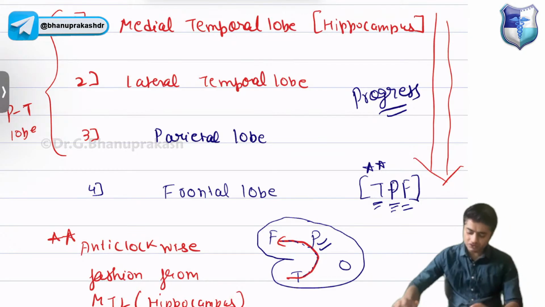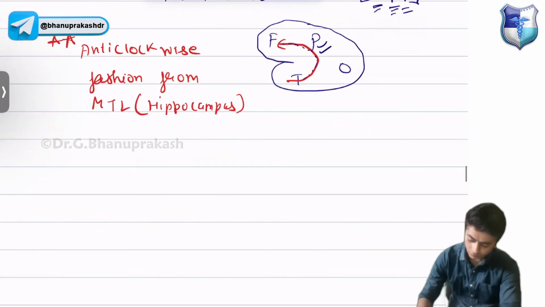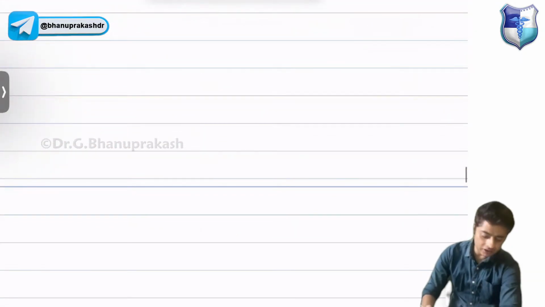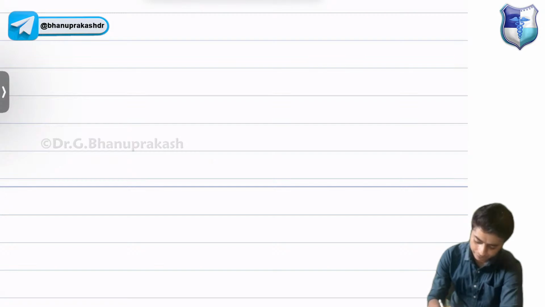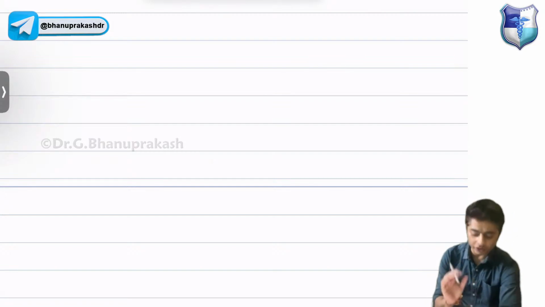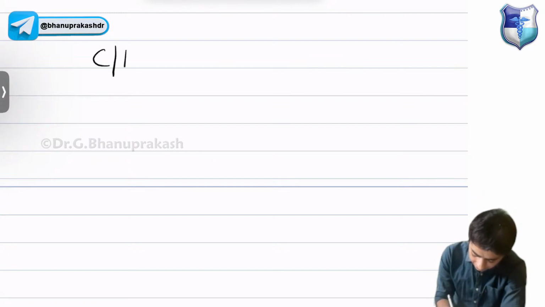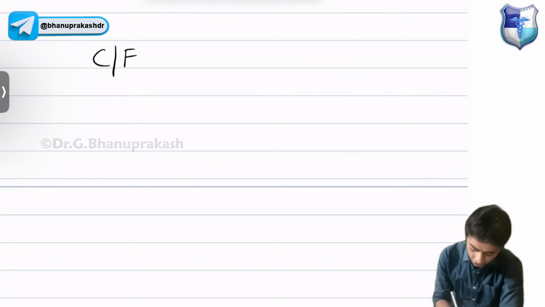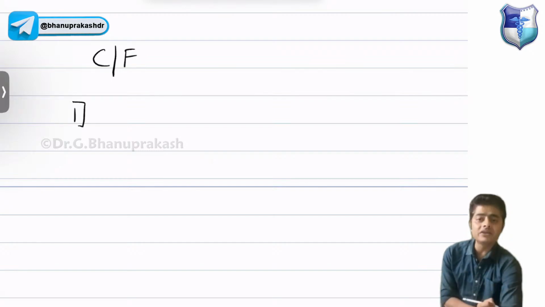Okay. So see, now we will come to the clinical features part. We have studied the disease progression, now we'll come to the clinical features. So first, which lobe is affected?